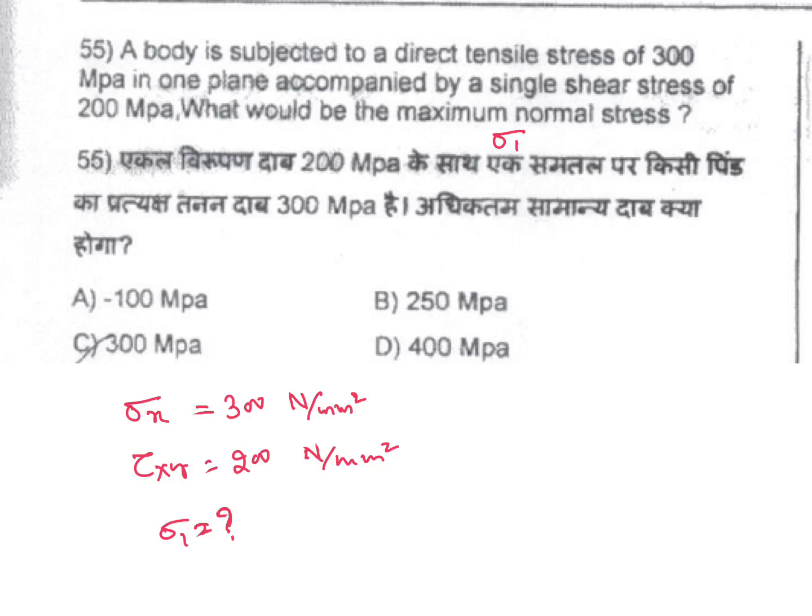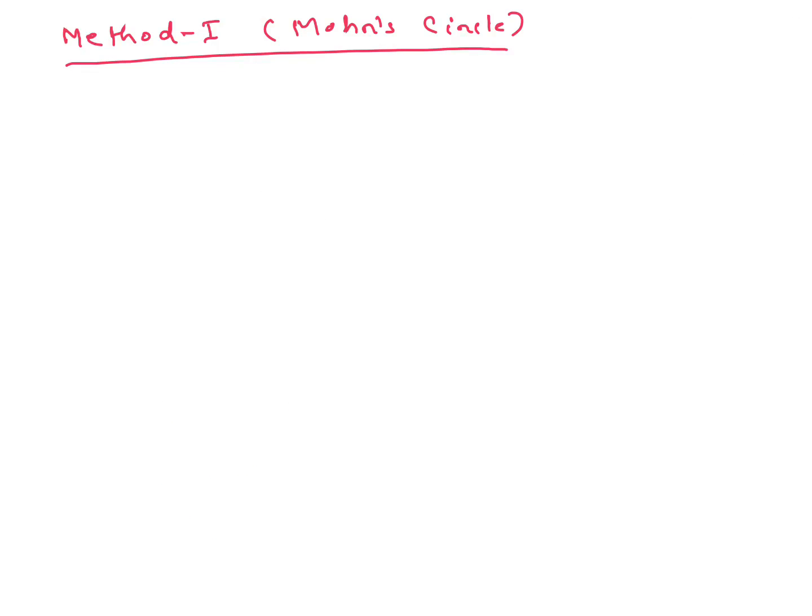Mohr's circle method I will do. Here, sigma axis and tau axis. Sigma x given 300 MPa, so mark a point 300 MPa.